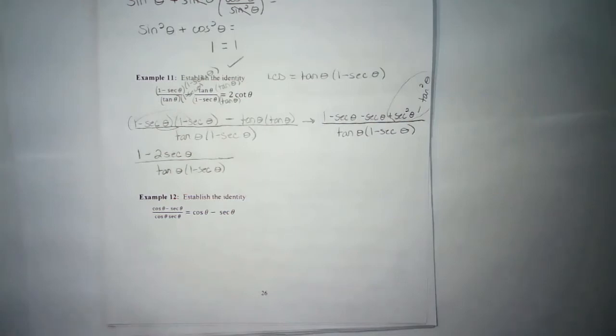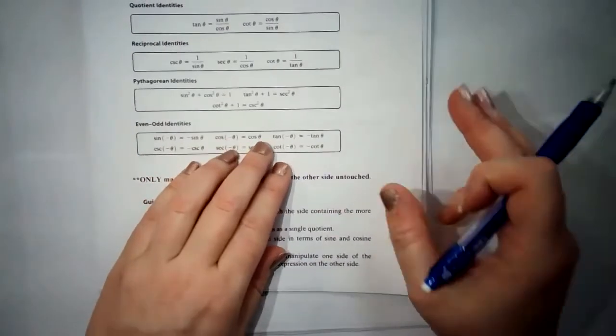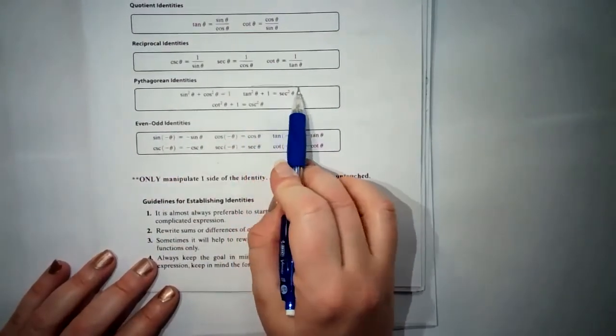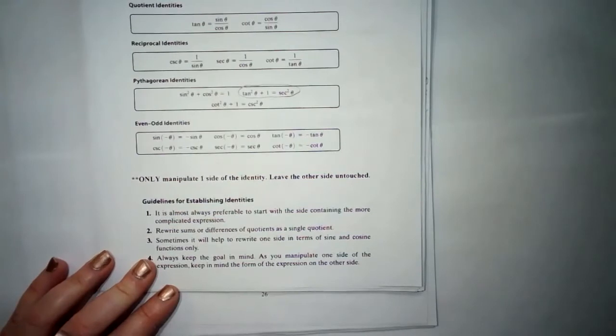That's two squared functions, so that could be Pythagorean. That's Pythagorean-ish. It's not the famous one, like cosine and sine, but they're both squared. Let's go to our Pythagorean identities. Sure enough, we have a Pythagorean identity that involves tan squared and secant squared.